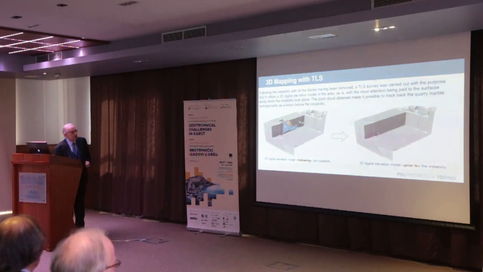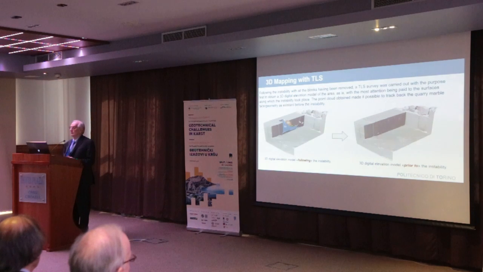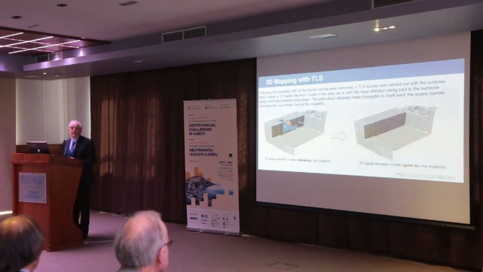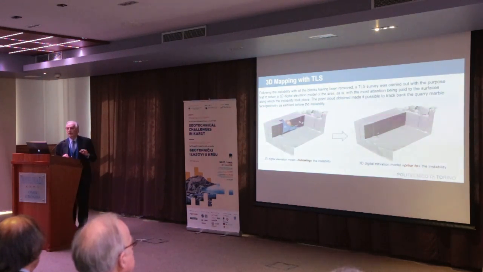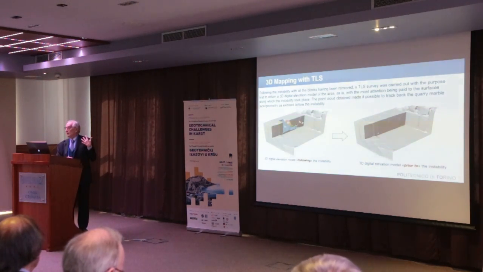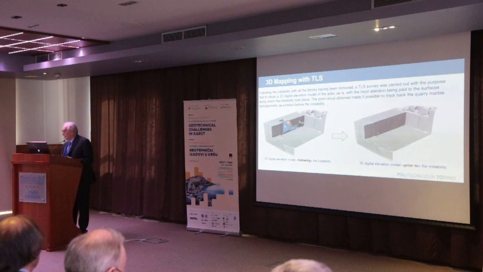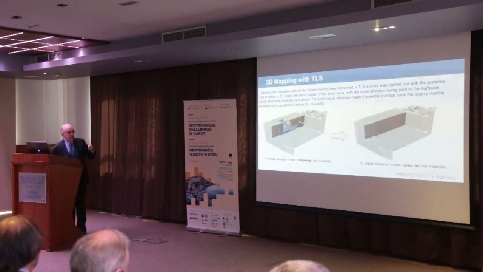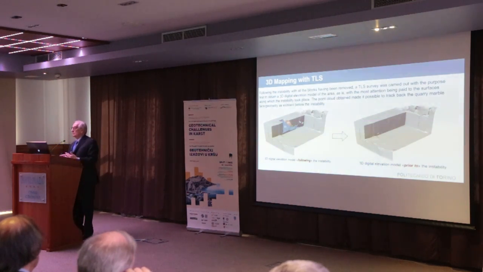You can see the D1 discontinuities, you can see D2, you can see JF. And what can you do now? By using the laser scanning point cloud, you can go back to what the conditions were likely to be before the instability took place. You can see here the 3D digital elevation model of the face prior to the instability.